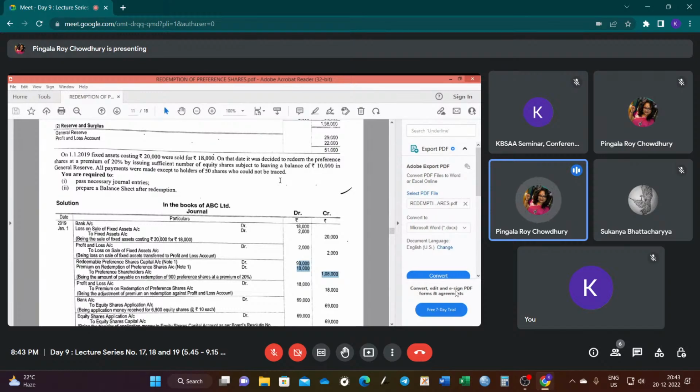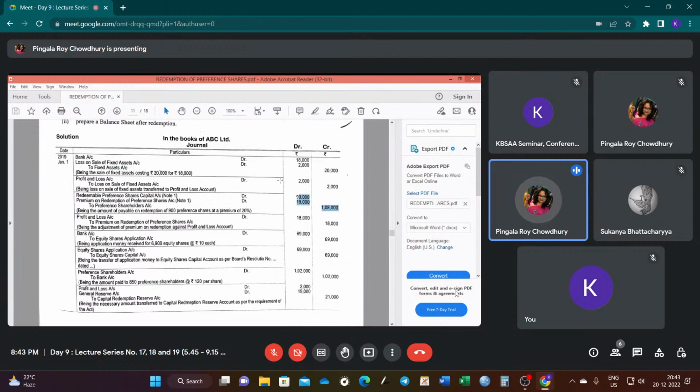Now you have redeemed 900 shares, out of which if you are not able to trace 50 shares, then you have to subtract it. So 900 minus 50, 850 shares, multiplied by your total amount, that is 120: 100 rupees as your face value and 20 rupees as your premium amount.